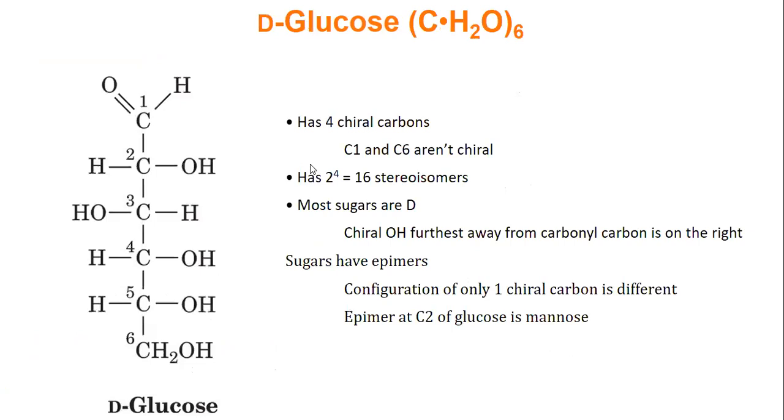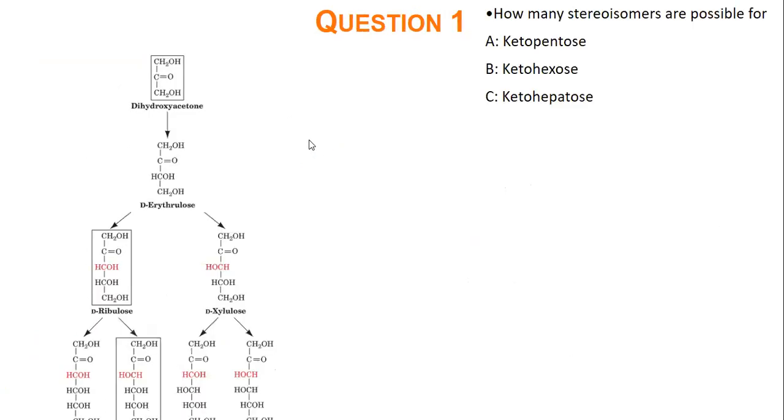All right, any other questions about epimers or stereoisomers? All right, I did want to jump into one question. I know I'm over time, but one question just to check your understanding while this is still fresh. So I have a ketopentose, ketohexose, and ketoheptose.